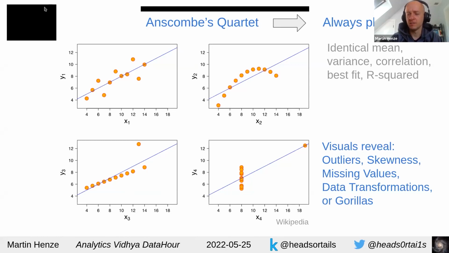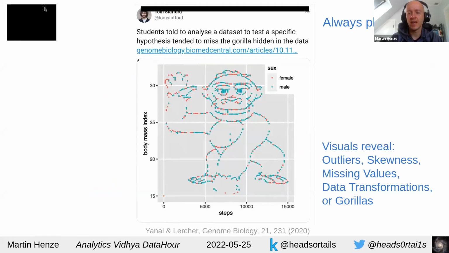So you're going to go, wait a minute, did you just say gorillas? Yeah, gorillas. So this is a gorilla, and that's from an example that was published in a Genome Biology paper, where students were told to analyze a data set to test a hypothesis, right? So there's something about steps and body mass index in there, and it's distinguished between male and female patients.